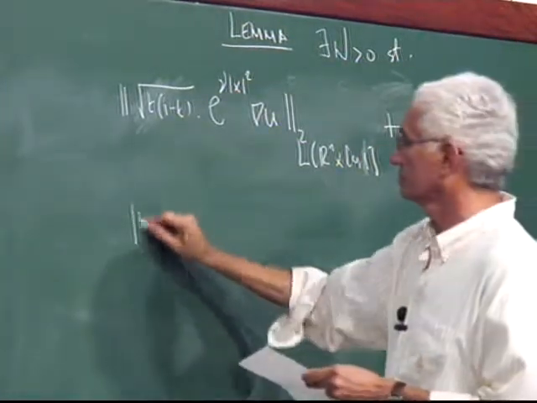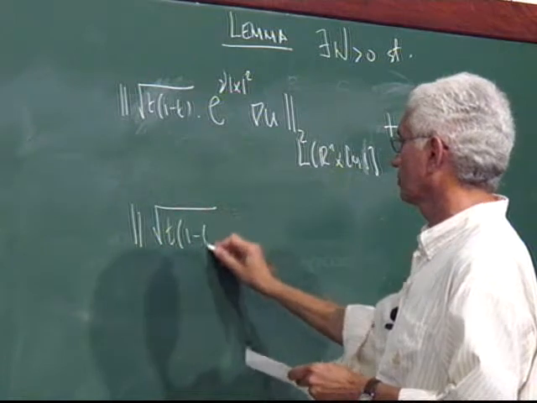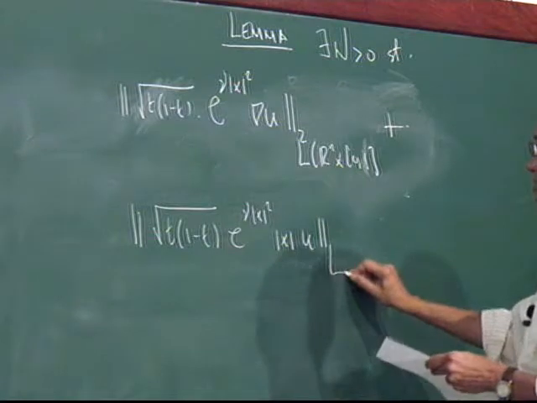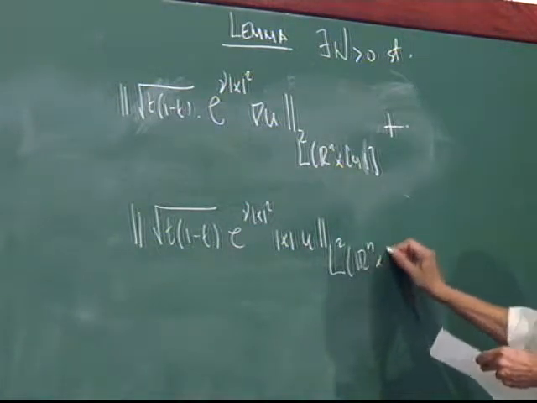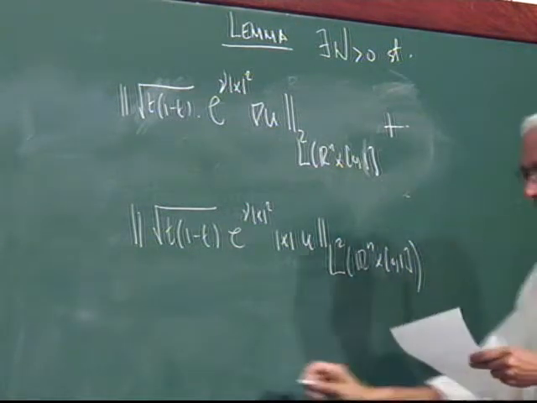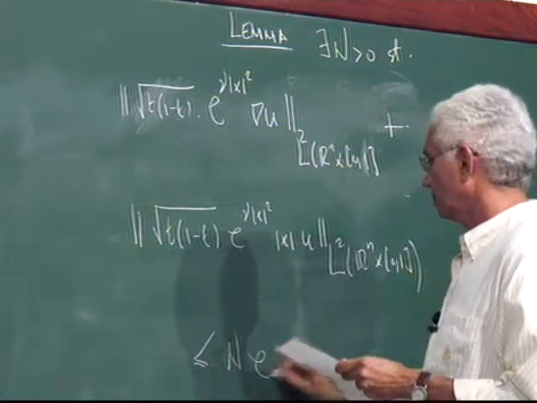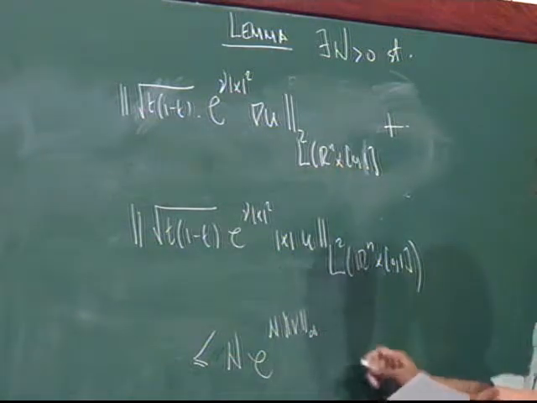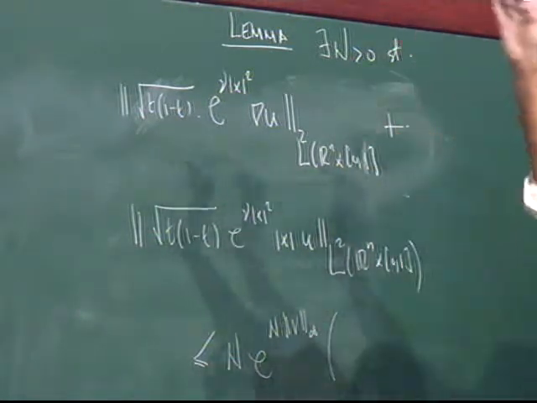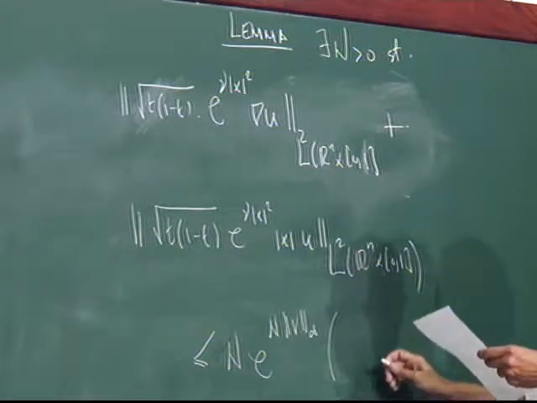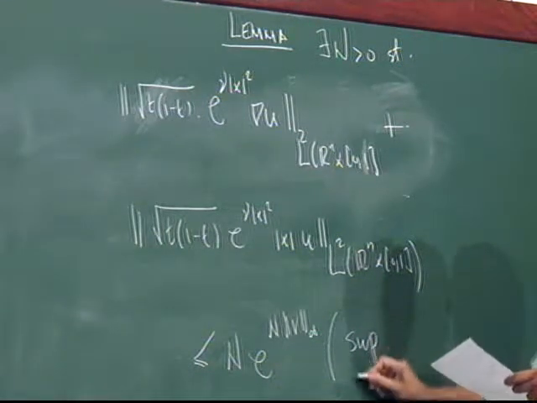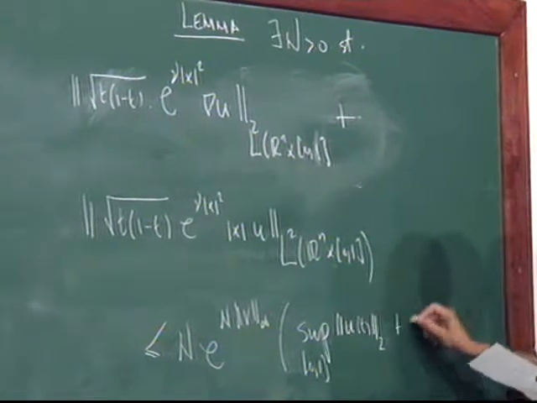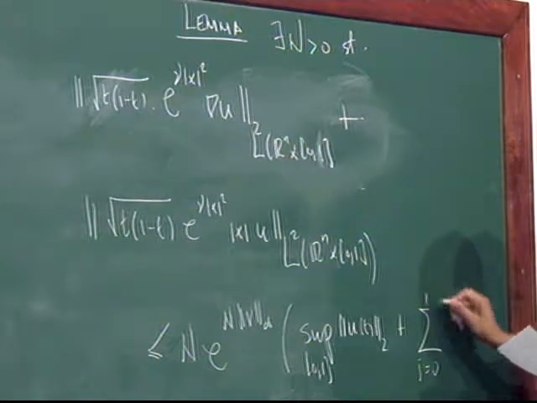Plus this is less than n exponential of n, in L infinity, and n is going to depend on mu, and this is the supremum of the L2 norm everywhere, plus j equal to 0 to 1.